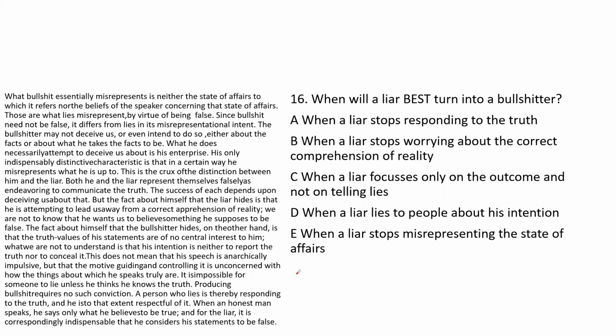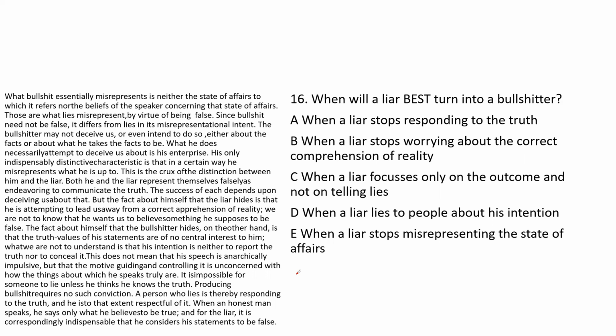But a bullshitter is somebody who is unconcerned about the truth, right? So a liar turns into a bullshitter when he stops thinking about the truth, what is correct, what is incorrect.